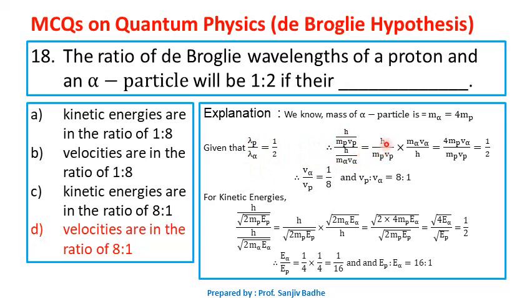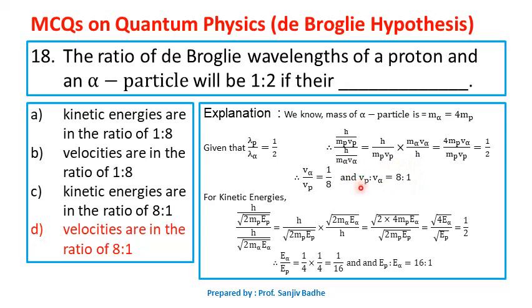We can write it as h upon mp vp into m alpha v alpha upon h. M alpha can be written as 4 mp and this ratio is given to be 1/2. So here we can cancel mp with mp and this 4 can be taken on other side and we can write v alpha upon vp is equal to 1/8 and therefore vp is to v alpha is equal to 8:1.